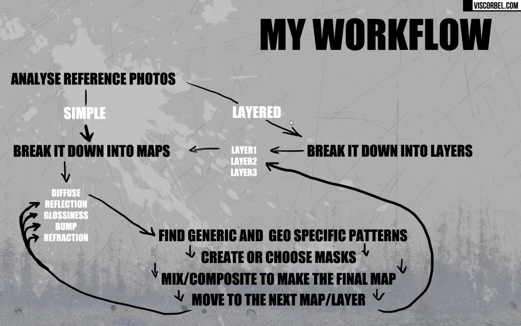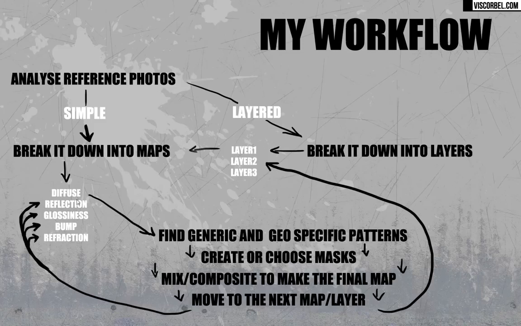Okay, so if the material is layered, just break it down into layers, and then one by one start with the first layer and break it down into maps. If the material is simple, you just break it down into maps right away. So try to figure out how the diffuse, reflection, refraction and bump maps should look.